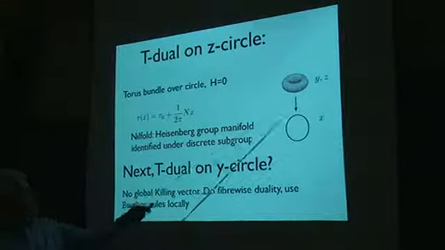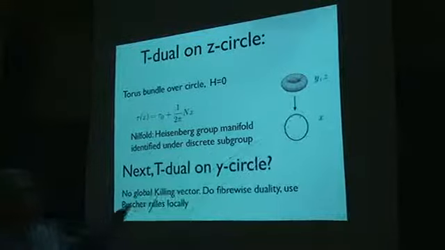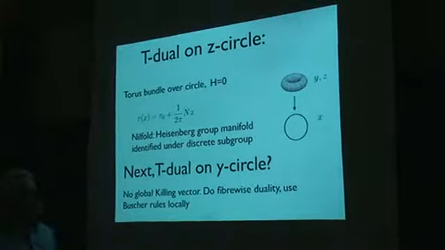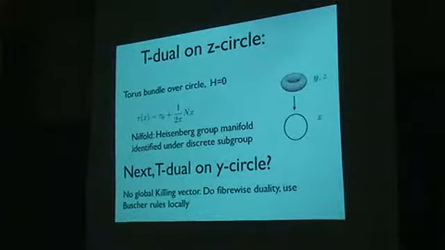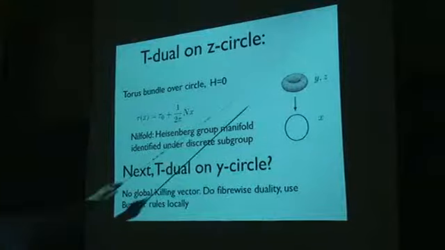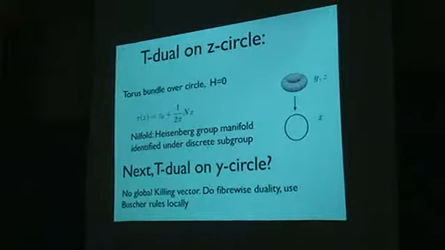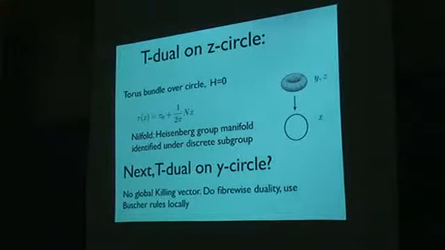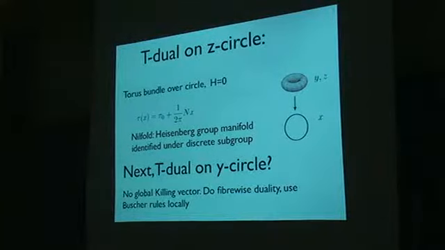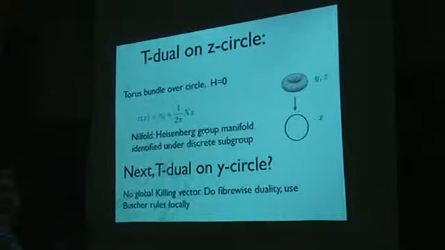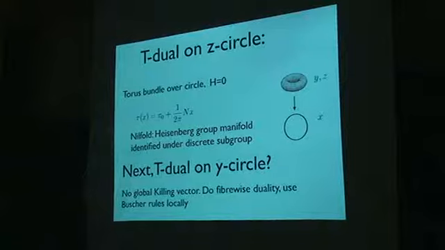So going around here, we end up with the same two-torus, but the coordinates on that are related by a large diffeomorphism in the modular group SL(2,Z). And this three-dimensional manifold, which is given by this two-torus bundle over a circle, is related to the famous nilfold. It's the nilfold, which is a famous three-dimensional space which arises from the Heisenberg group manifold, identified under a discrete subgroup to make it compact.